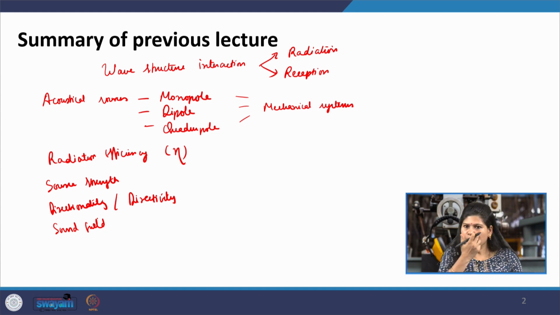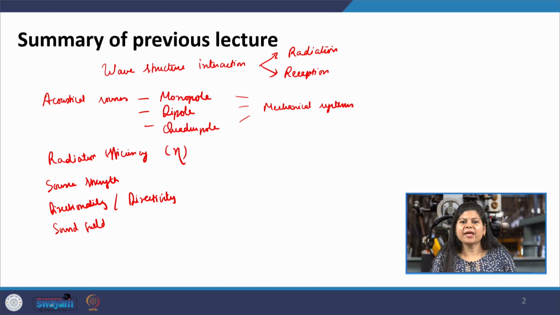Directivity is important because if you have a particular source, you know what the directivity pattern is like, so you know at what zones the pressure would suddenly be low.